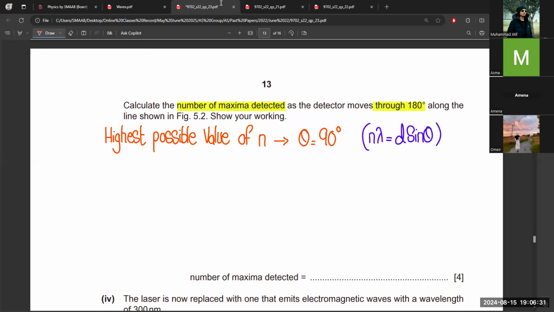And we have to find the number of maxima detected.